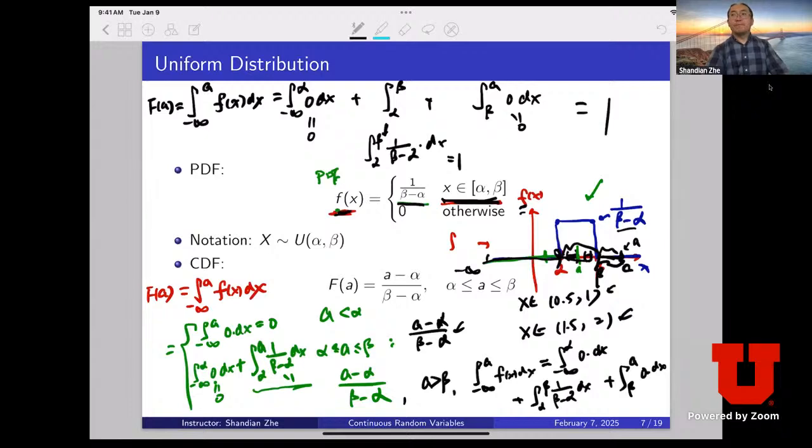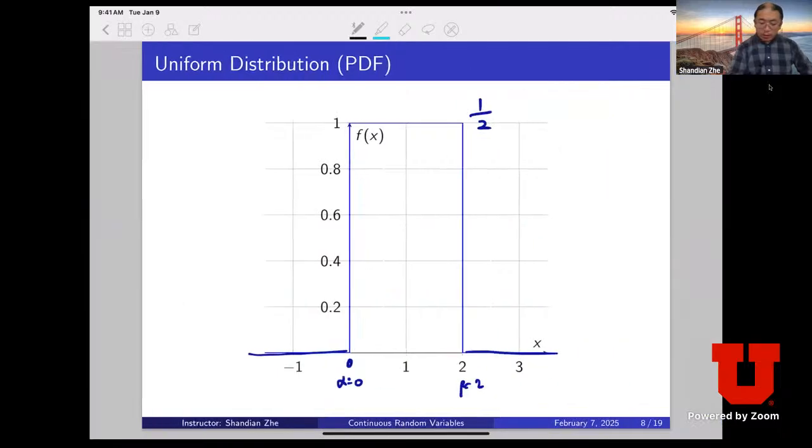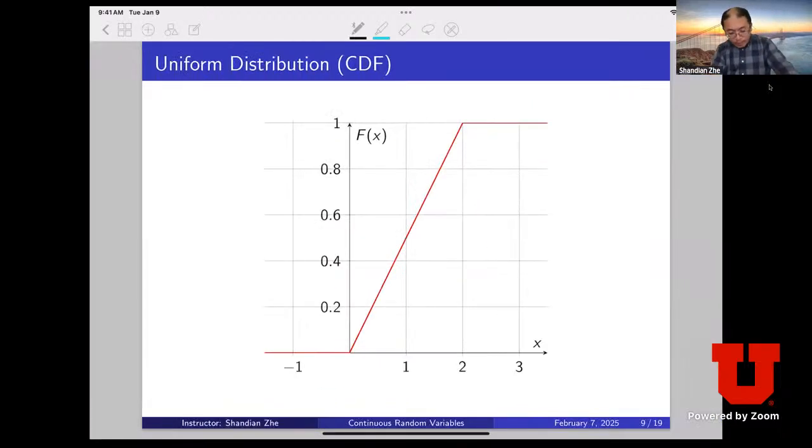Okay. If we take a look at what the CDF looks like, it will look like this. If we just write down the CDF function, F(a) when a is less than alpha is 0. When a is between alpha and beta, it will be (a minus alpha) over (beta minus alpha).